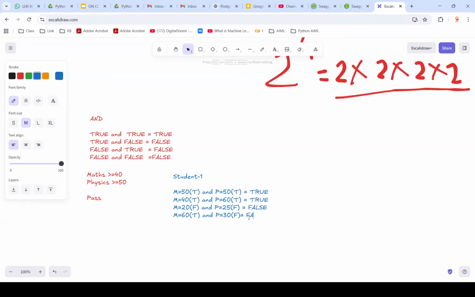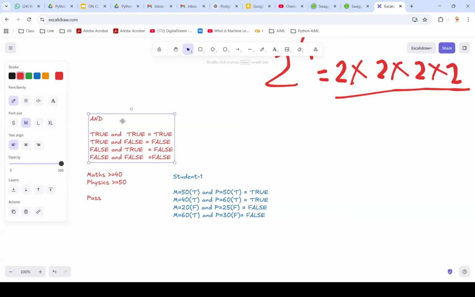False. So in all the four conditions, first condition, student is pass. Second condition, student is pass. Third condition, fail. And fourth condition also fail.